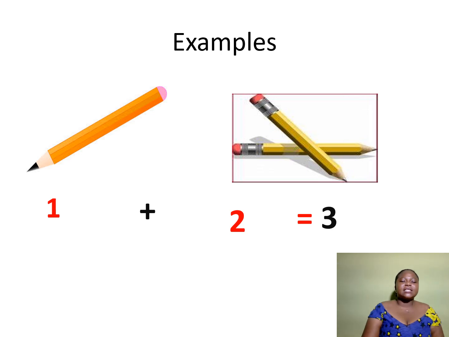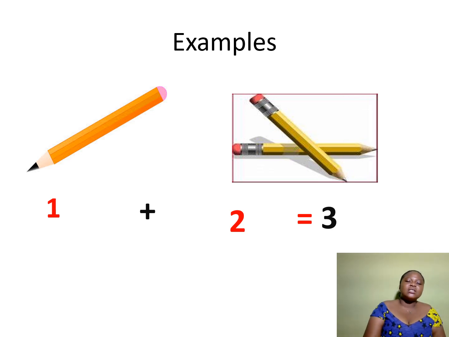So the 1 here stands for the 1 pencil. And this sign, what is this sign? Addition sign, meaning we are adding. It is plus. Is that clear? Can you see the black sign here where the arrow is showing?